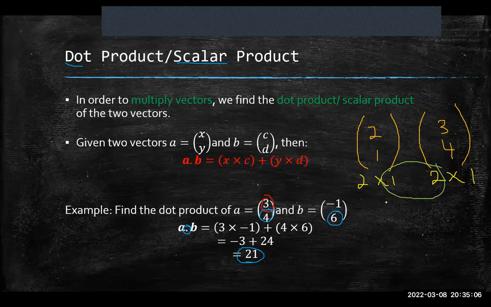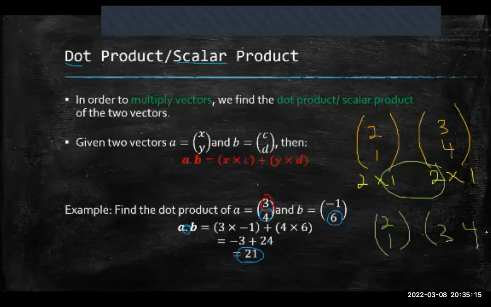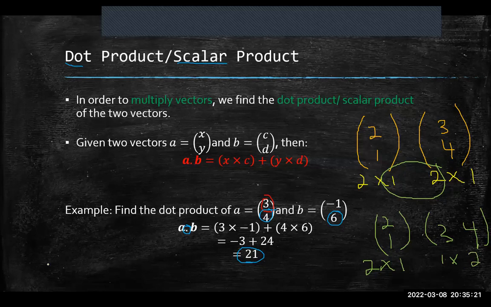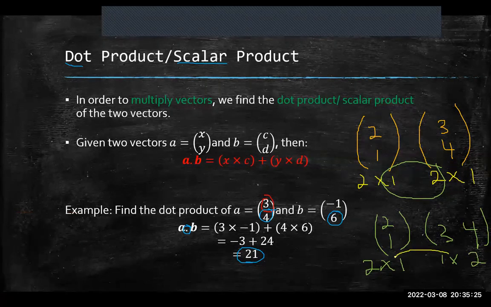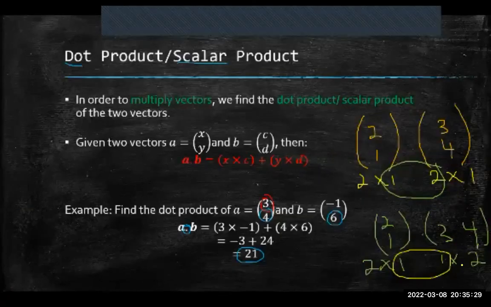So a 2 by 1 matrix cannot be multiplied by a 2 by 1 matrix. But a 2 by 1 matrix can be multiplied by a 1 by 2 matrix. These are the same. They must be the same in order to multiply matrices. That's why I said it's not quite like this.